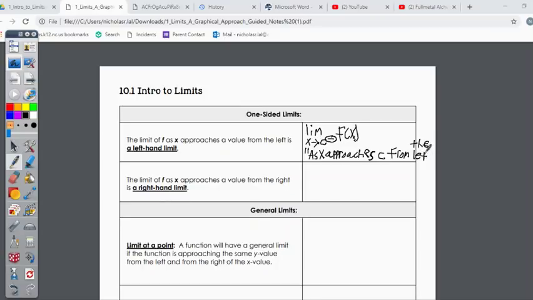That says x approaches c from the left. So that's the left-hand side limit.